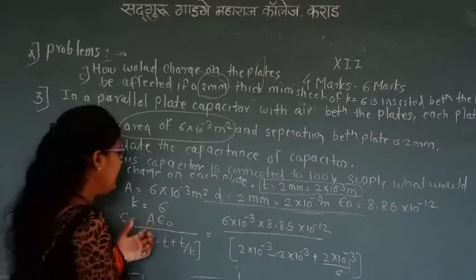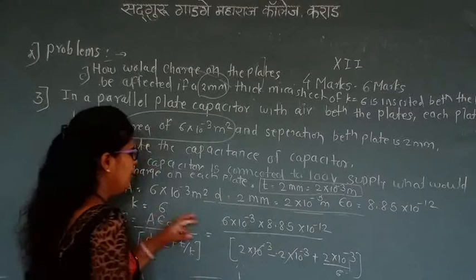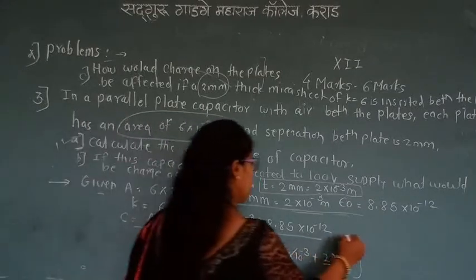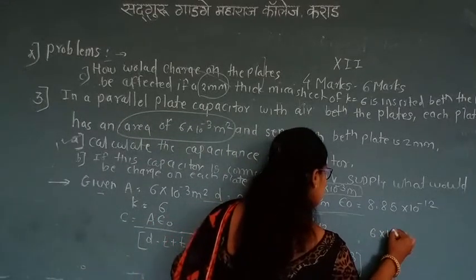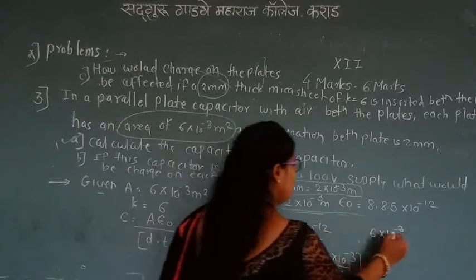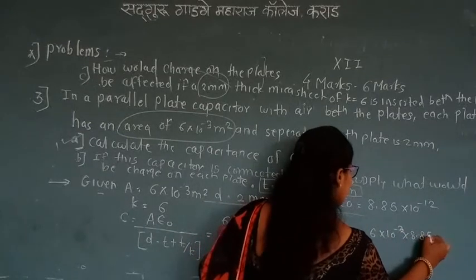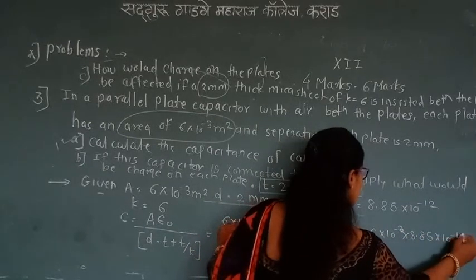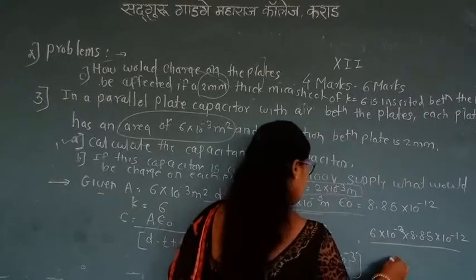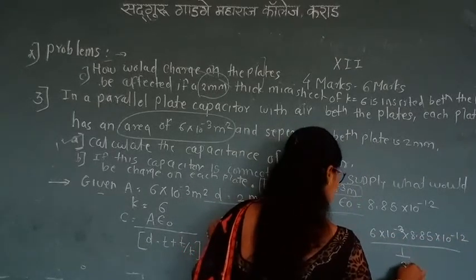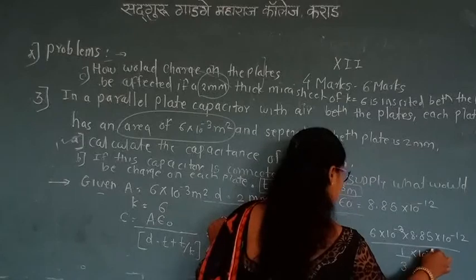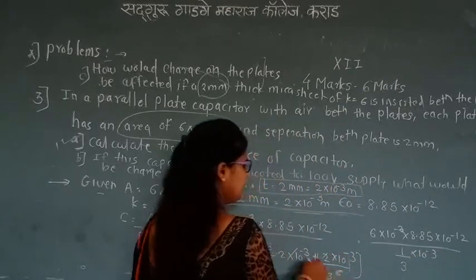Therefore we get, after cancelling, 6 into 10 raised to minus 3 into 8.85 into 10 raised to minus 12 upon 1 by 3 into 10 raised to minus 3. Here 1 and 3.